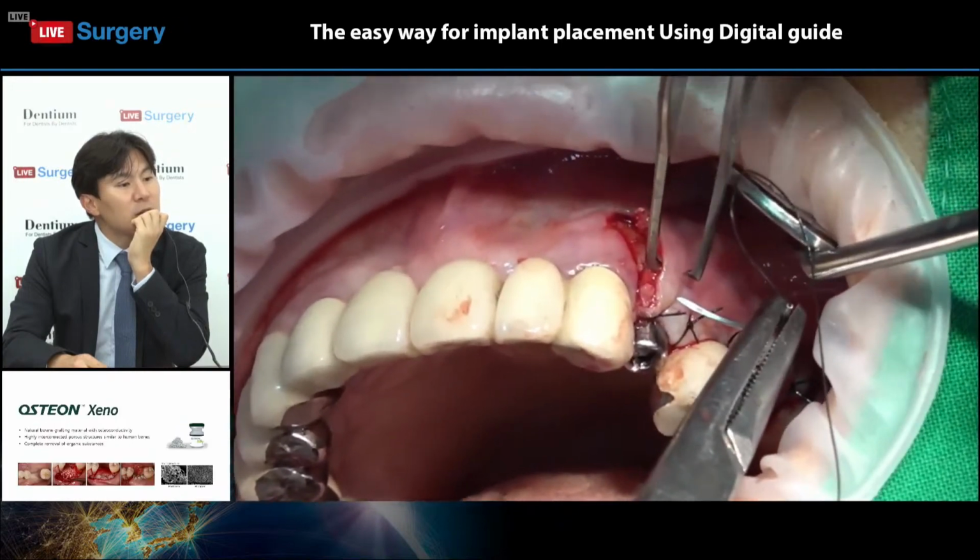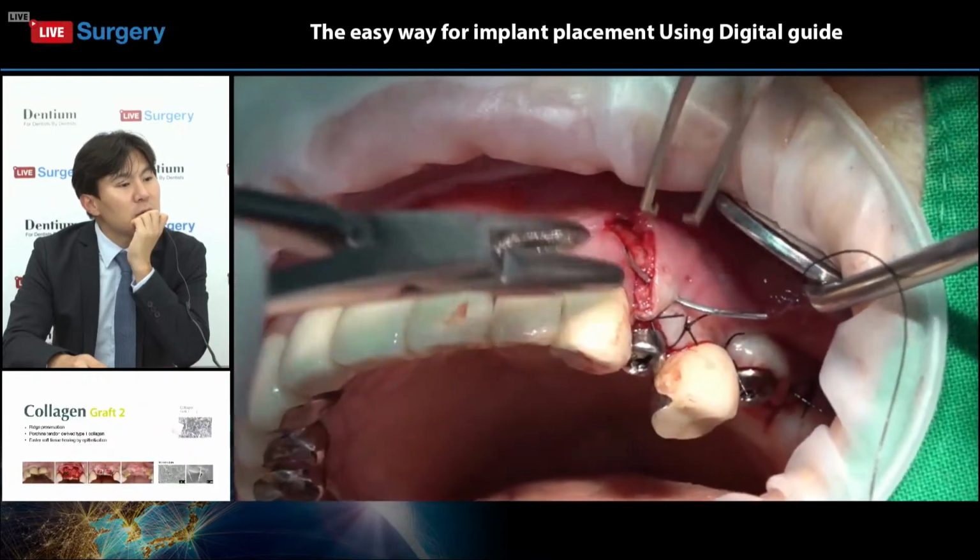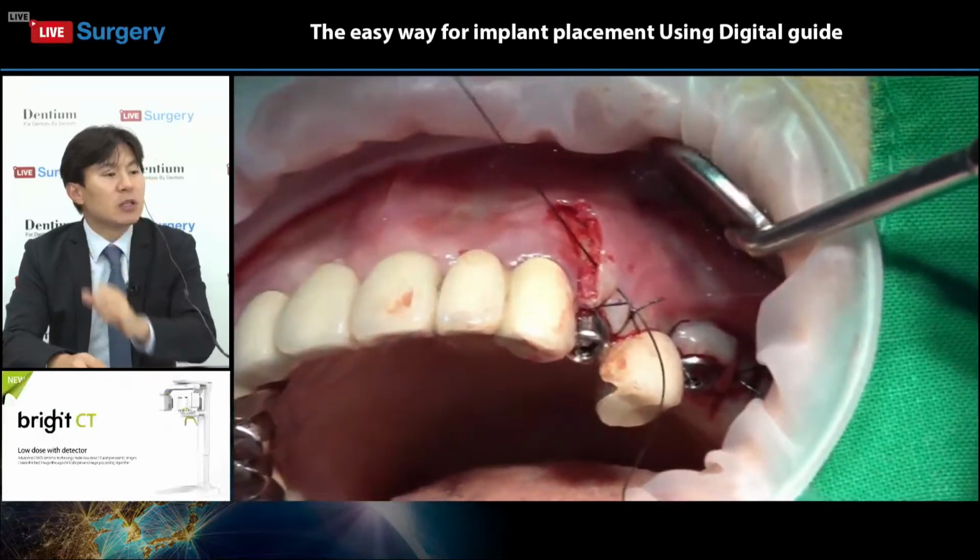Then he continues the suture on the medial vertical incision area.